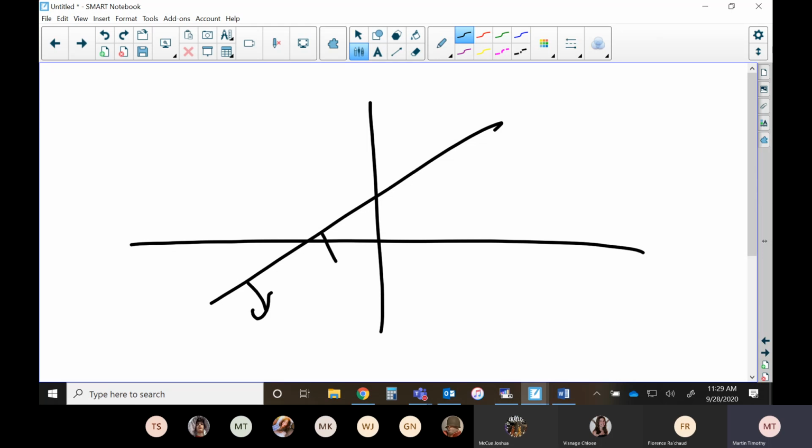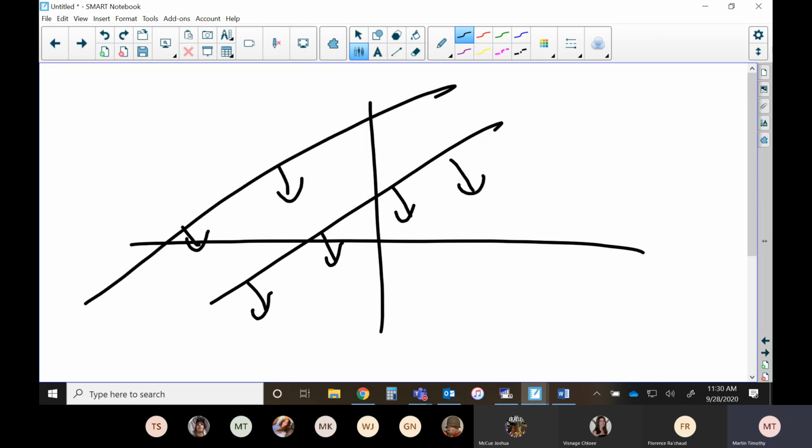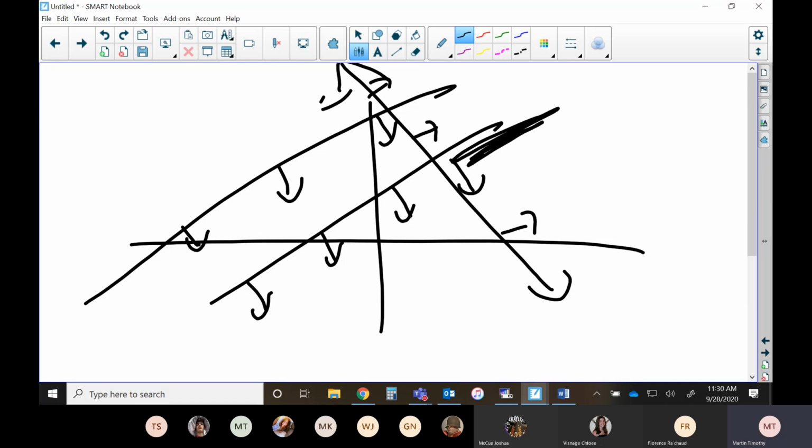What if I got something like this? One here and it has to be below it. One here and it has to be below it. And one here and it has to be, we'll call it above it. It would be this section over here.